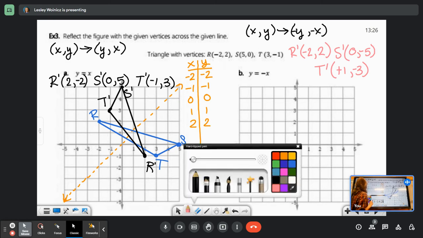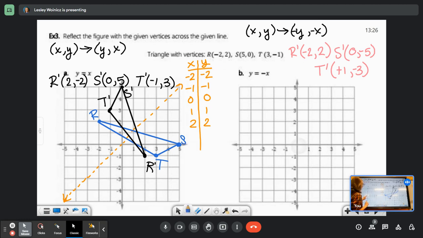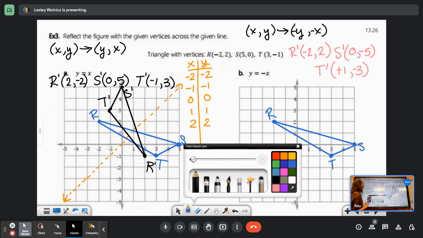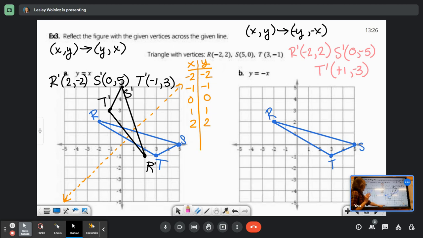Okay, so my original triangle, get that up on here, is this one. Oops, not there, here. Okay, so this is T, this is S, and this is R. Now my line of reflection is this line, y equals the opposite of x.